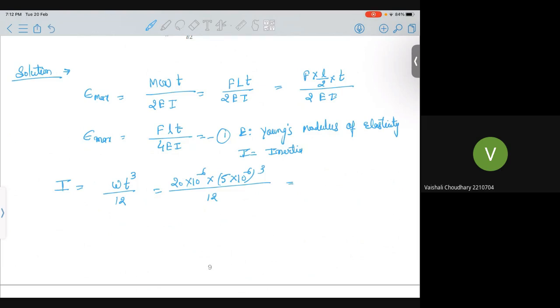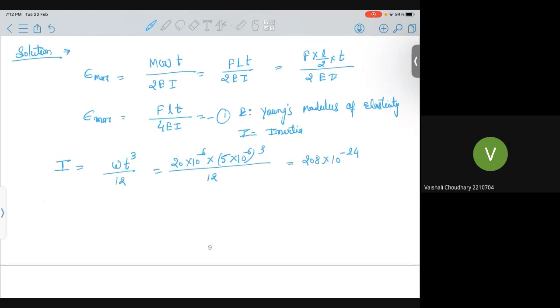If you solve this, you'll have 5 cubed multiplied by 20 divided by 12, which is 208 into 10 to the power minus 24.